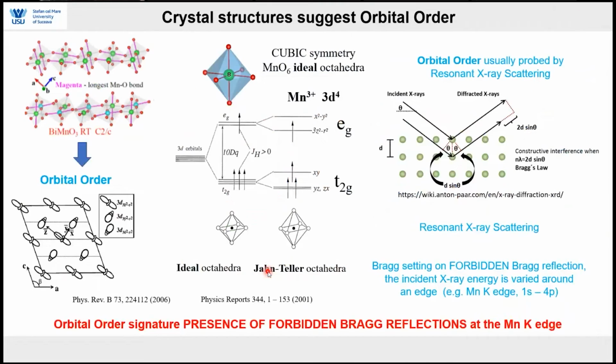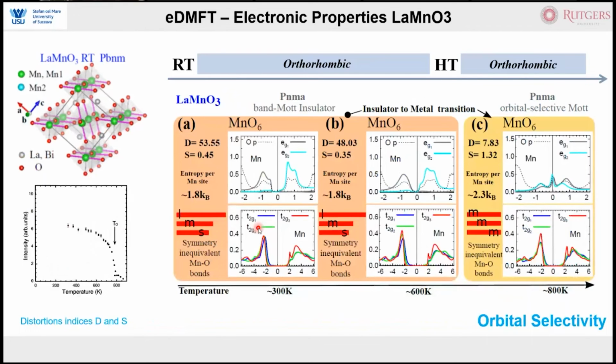This was clearly observed in many experiments, and then I asked how this orbital order looks in my method. I showed at the beginning of my talk that there are these Bragg scattering quantities which, if I measure, have finite intensity up to a certain temperature, here 800 Kelvin, and 0 after that.